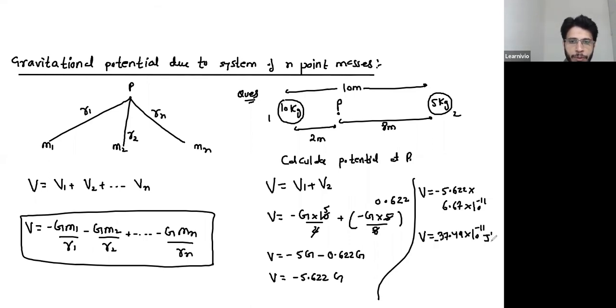It's joule per kg. Always remember this thing: joule per kg. So that was about gravitational potential.